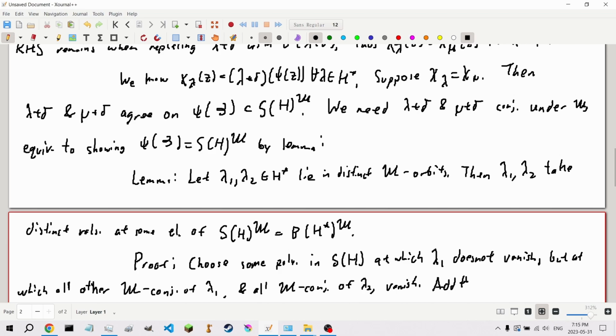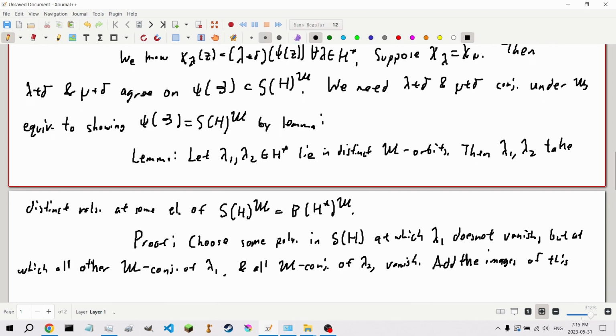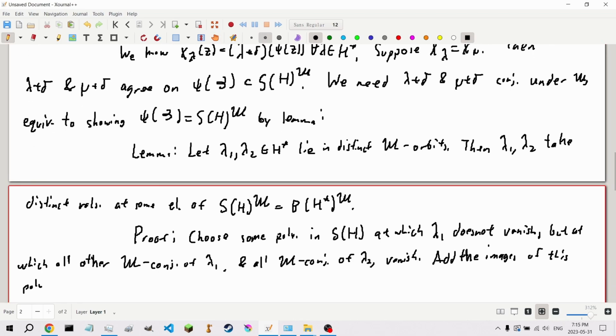Add the images of this polynomial to get an element of S(H) to the W at which lambda 2 vanishes and lambda 1 doesn't.